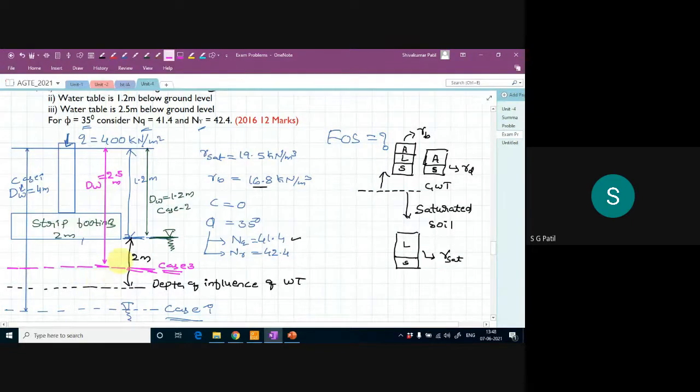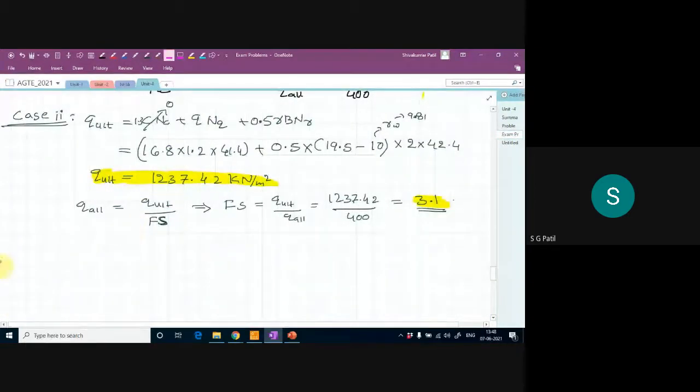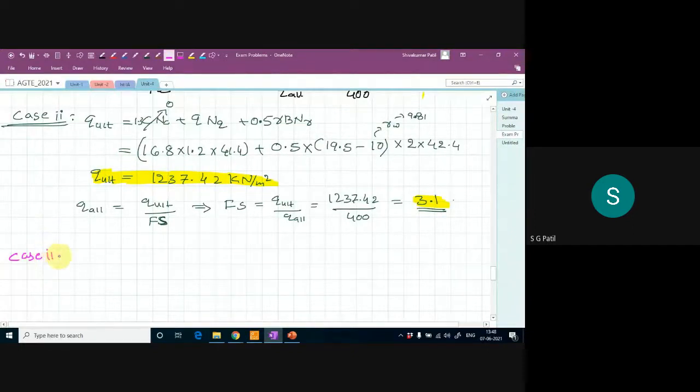So now calculate Q ultimate for the third case, case number 3, that is, the water table is at a depth of 2.5 meter below ground level.